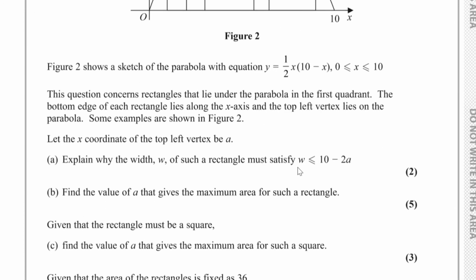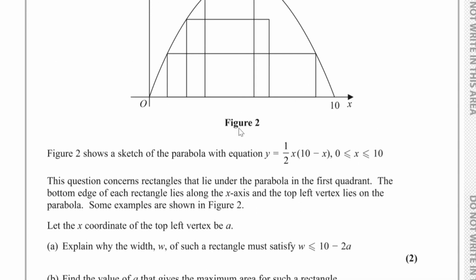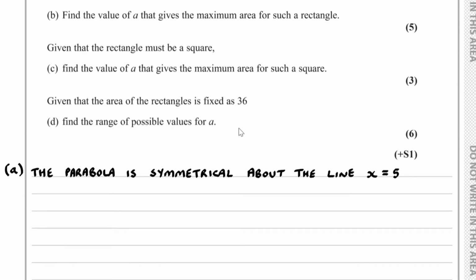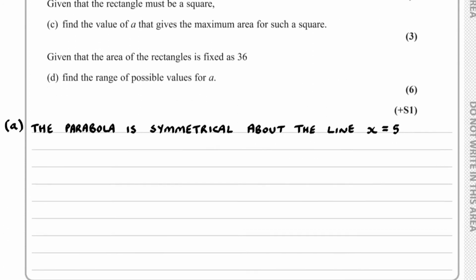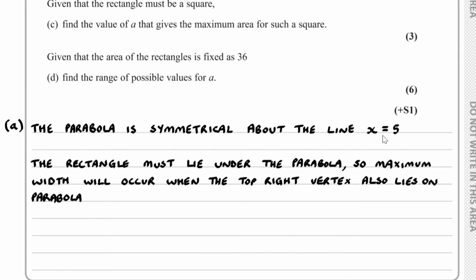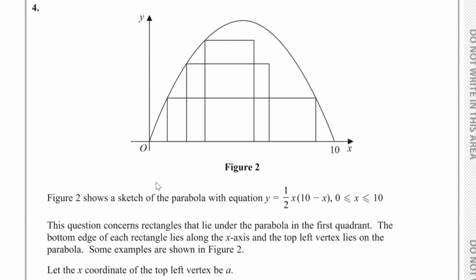And we know that the rectangle must lie under the parabola. So the maximum width will occur when the top right vertex also lies on the parabola. An example of that is this rectangle over here.